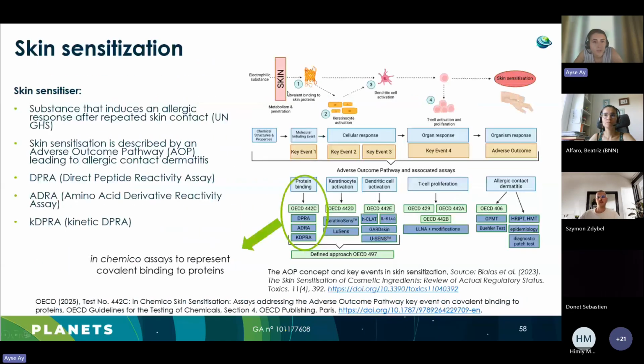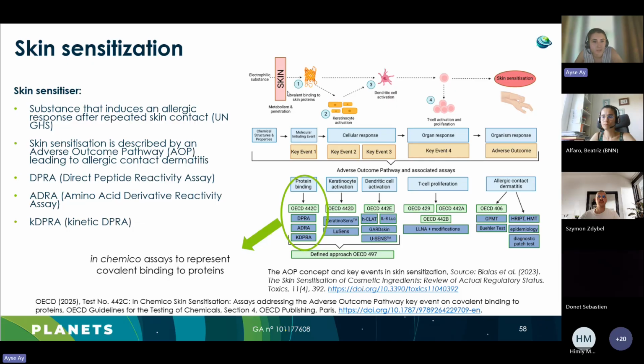I will start with skin sensitization guidance. A skin sensitizer is defined as a substance that induces an allergic reaction after repeated skin contact under UN GHS classification.